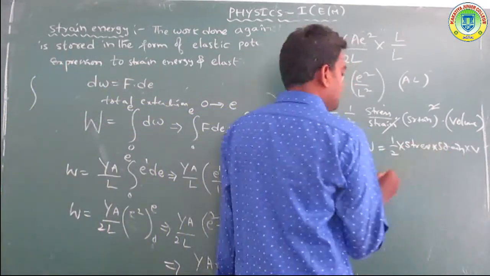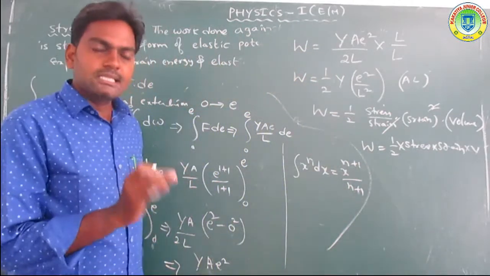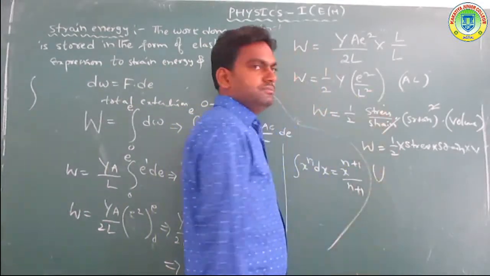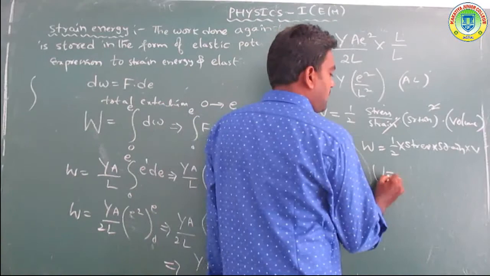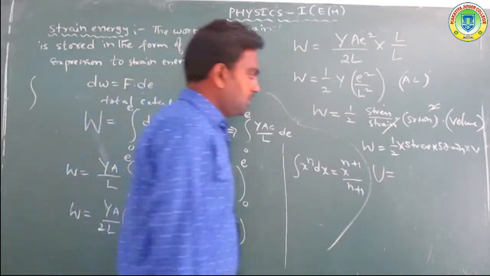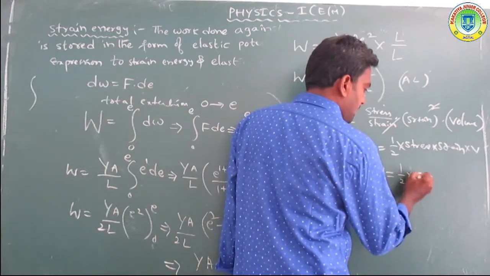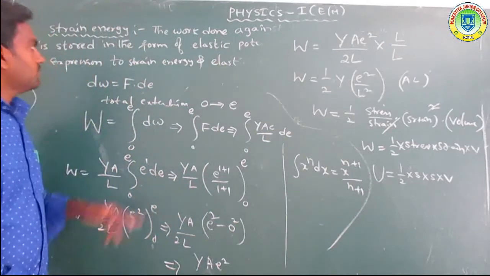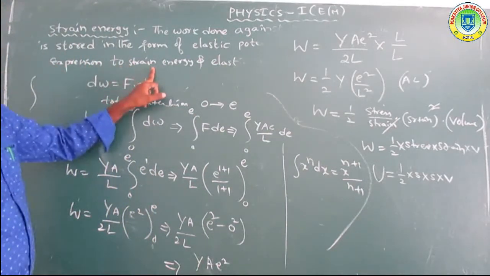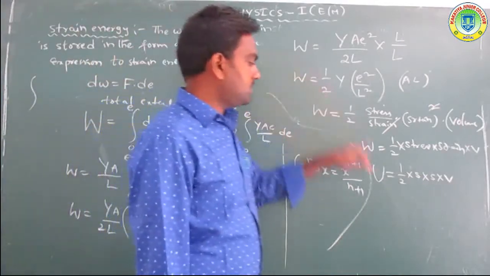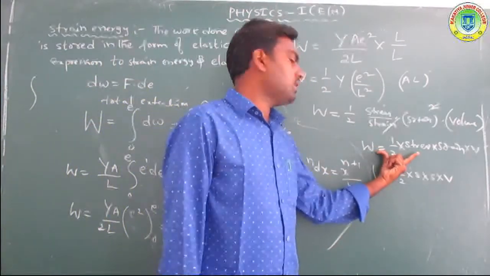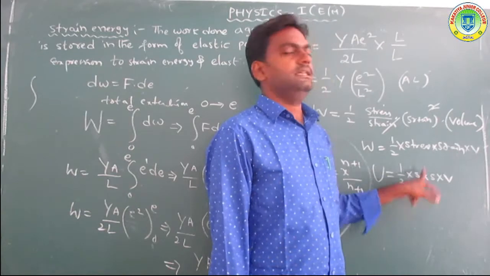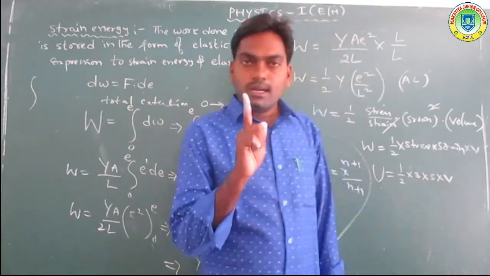This total work done is stored as potential energy. So U is equal to one half into stress into strain into volume. This is the expression for strain energy, the elastic potential energy. Now consider a volume of 1 unit.